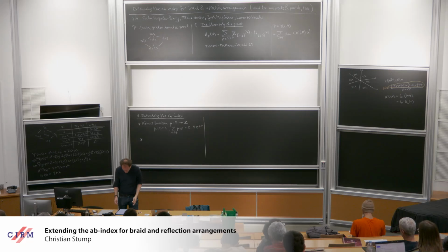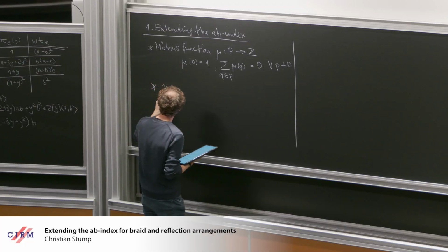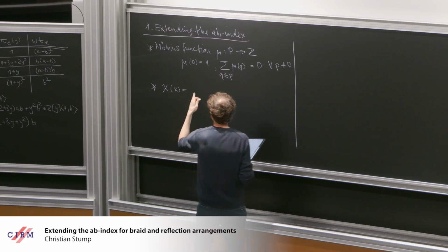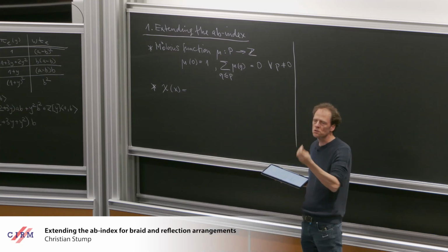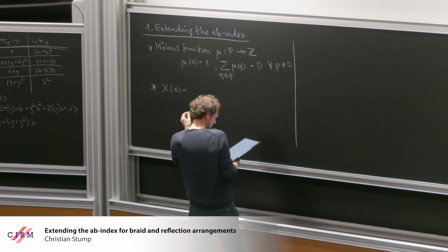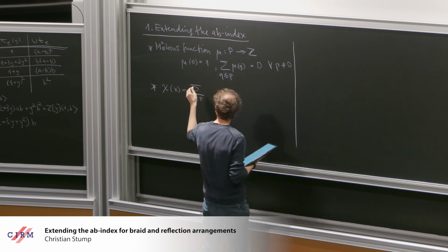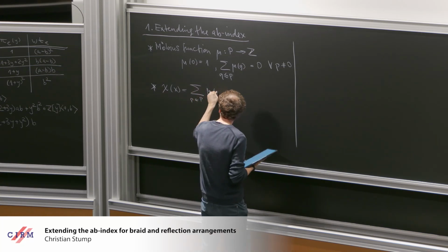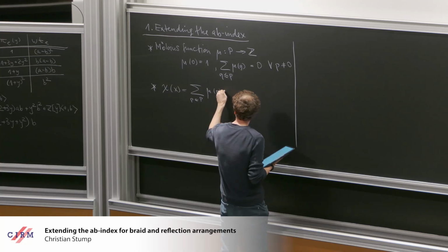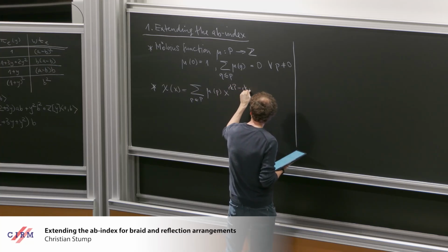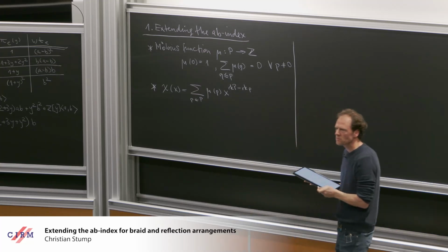Then we define the characteristic polynomial that we already saw up there. This is just the generating function of the Möbius function values according to co-rank. So this is equal to the sum over p in P of the Möbius function value of p, times x to the rank of P minus the rank of small p. Yeah?